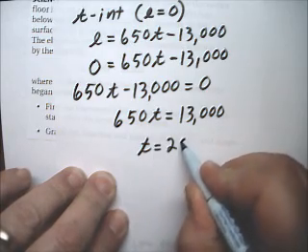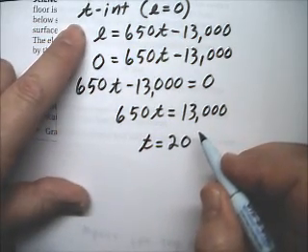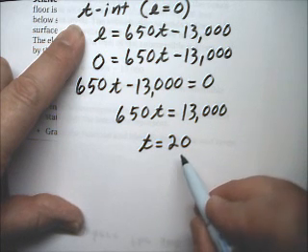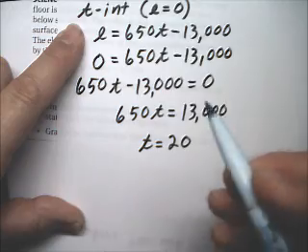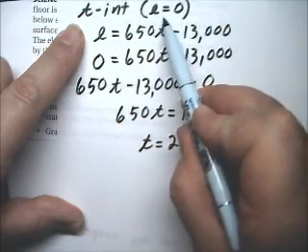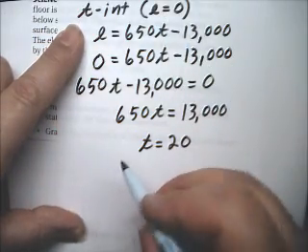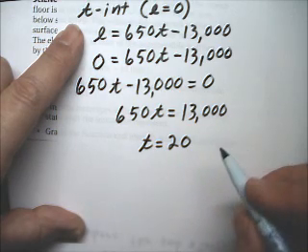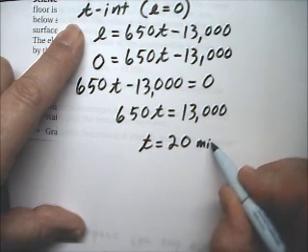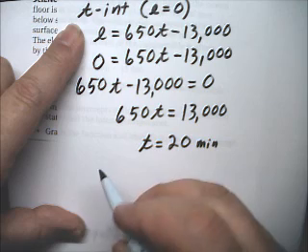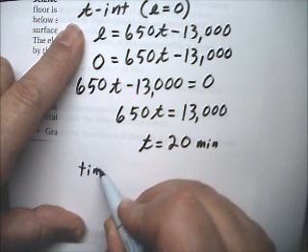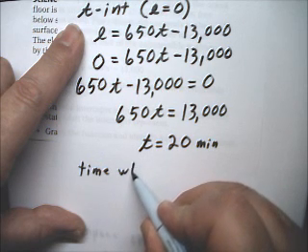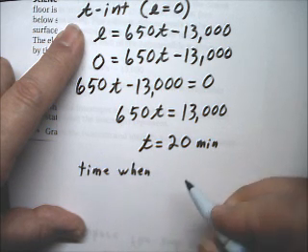So t equals 20 is the t-intercept, and that's going to be the time when the elevation is 0. And that's going to be minutes, so this is going to be the time when the sub is at the surface.